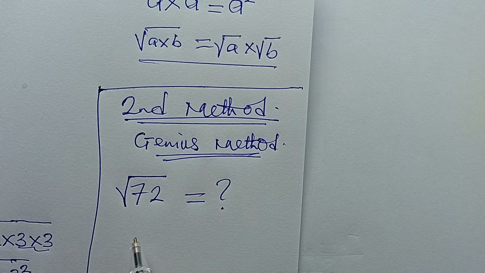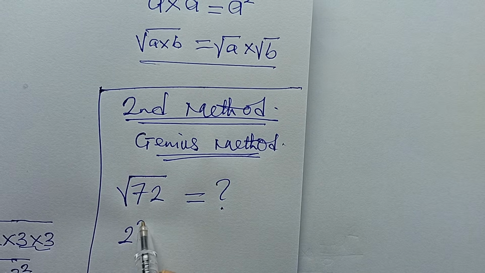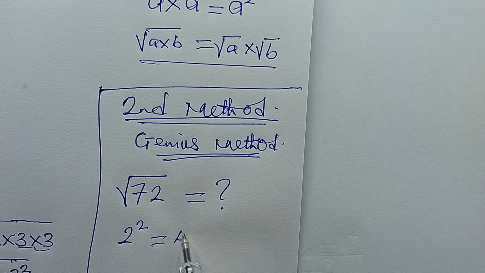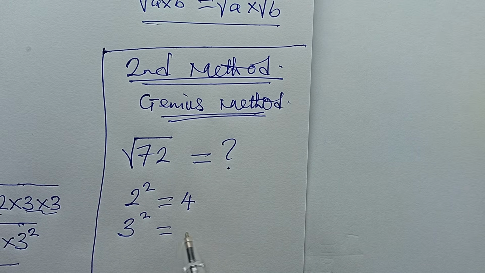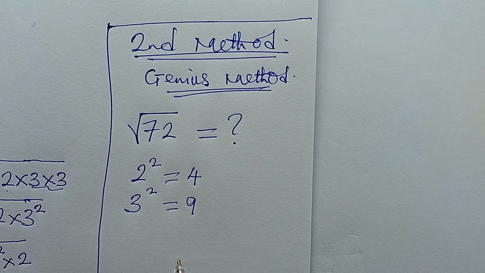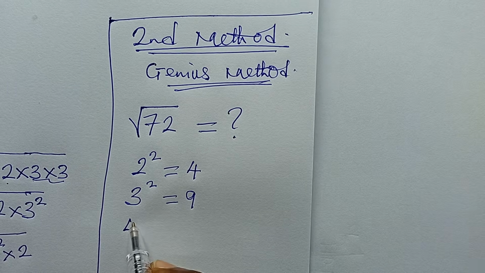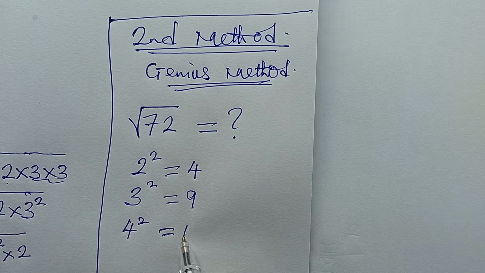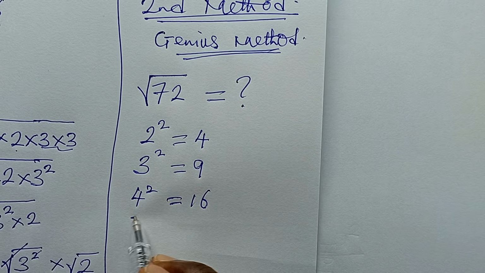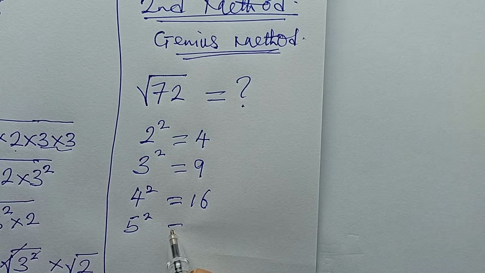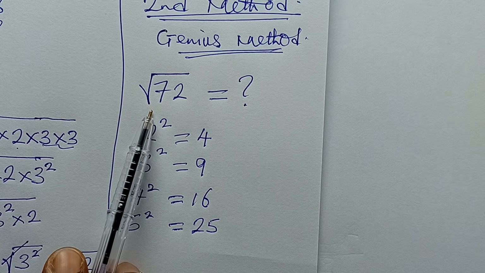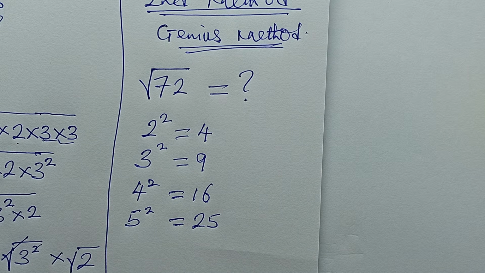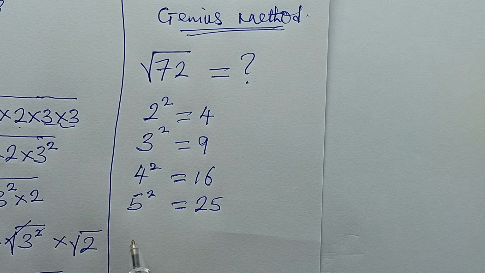First of all, we know that 2 to the power of 2 will give us 4. Then 3 to the power of 2 will give us 9. And 4 to the power of 2 will give us 16. Then 5 to the power of 2 will give us 25. We've not gotten to 72, because we are looking for a number that will give us 72.